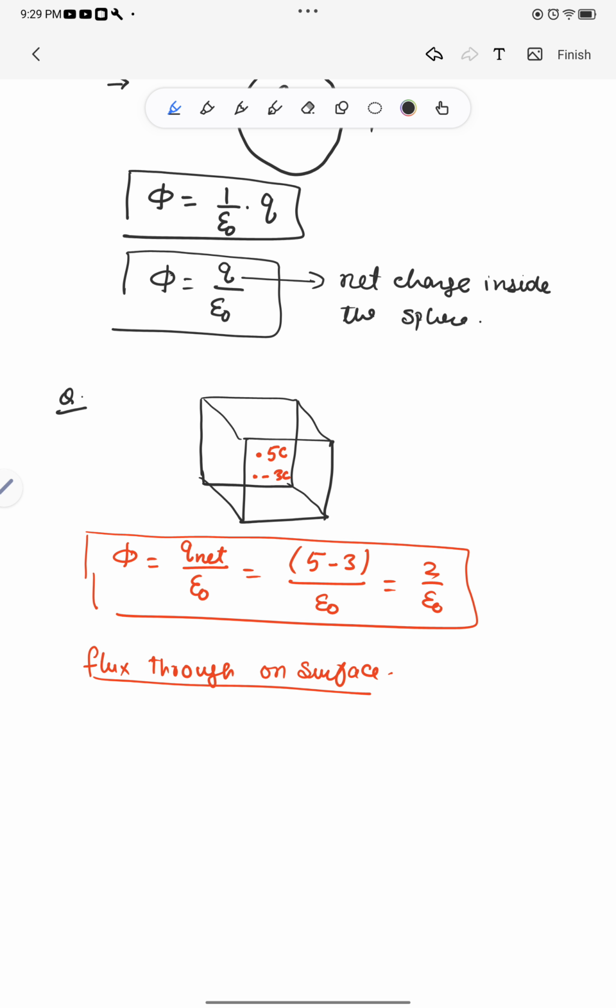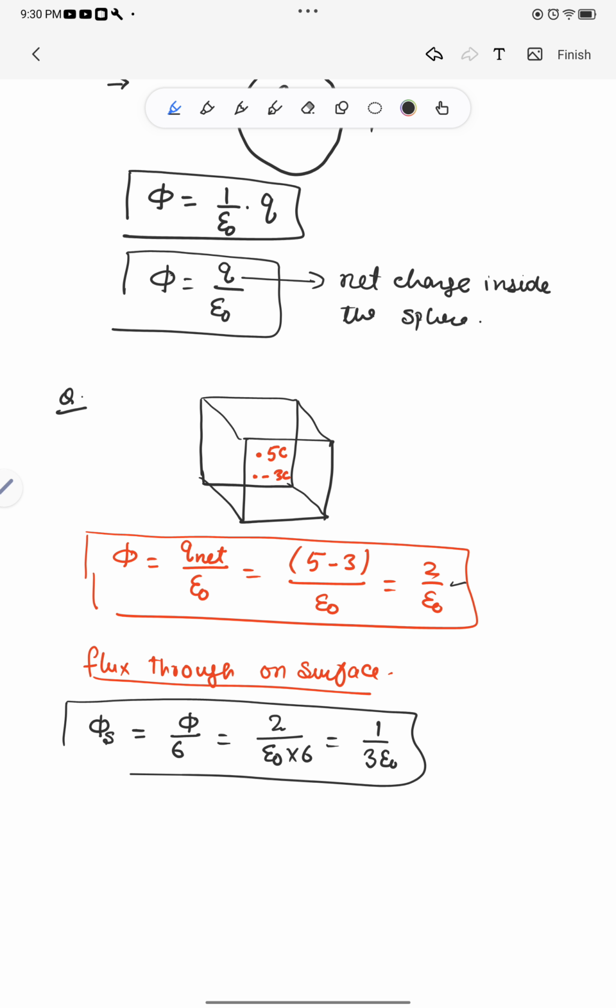The total flux through these 6 surfaces is 2 by epsilon naught. So flux through one surface, phi s, will be equal to total flux phi upon 6. The total flux phi is 2 upon epsilon naught divided by 6, so this will be 1 by 3 epsilon naught. That means flux through one surface of this cube will be 1 by 3 epsilon naught.